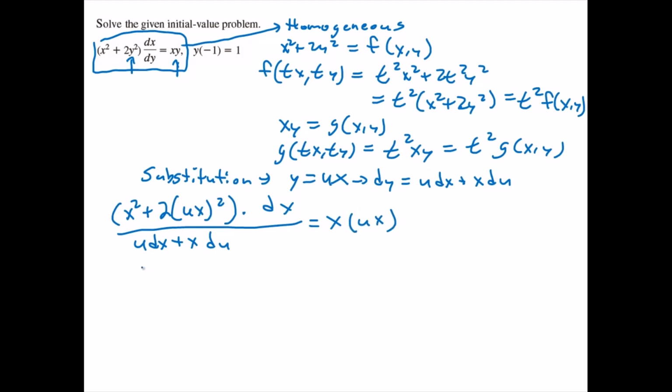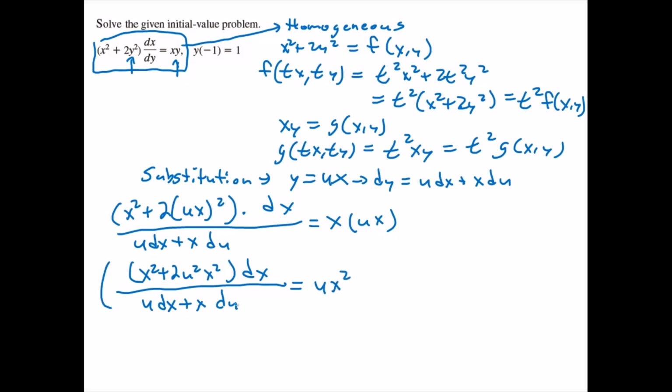So we're going to wind up with x squared plus 2u squared x squared, that quantity, then times dx, all over u dx plus x du, and that will be equal to u times x squared. And then we can multiply both sides by u dx plus x du.